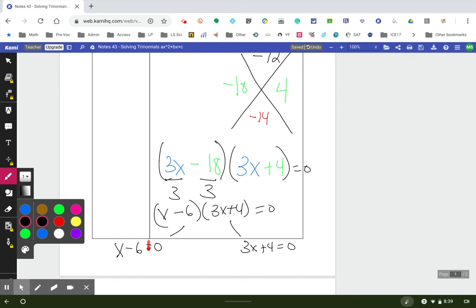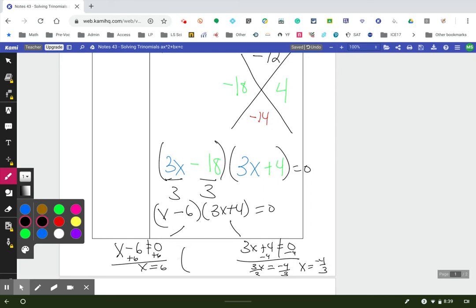I'm going to do plus 6 because I add the opposite, and I get x equals 6. And then over here, it's an extra step, but I'm going to subtract 4, and I get 3x equals negative 4, and then I'm going to divide both sides by 3. And I will get x equals negative 4 over 3.